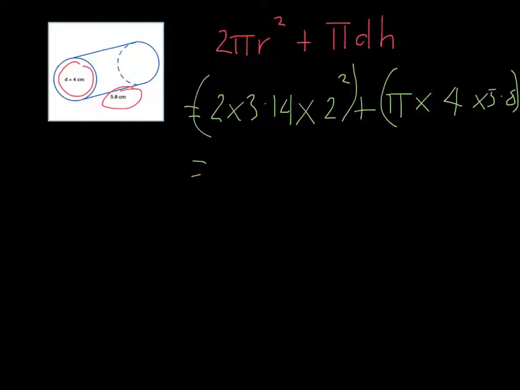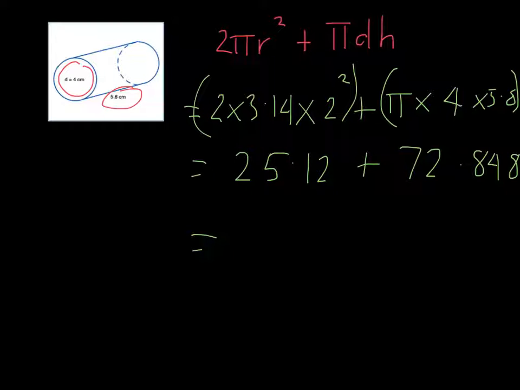Let's calculate those. 2 times 3.14 times 2 squared gives us 25.12. On the other side, 3.14 times 4 times 5.8 gives us 72.848.